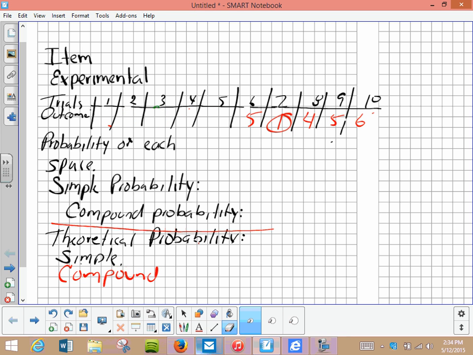Brown. And then, what? Blue. Blue. Blue. Brown.